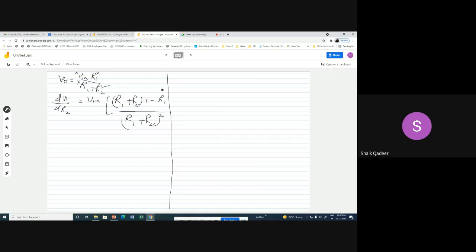Can we get a relation like this, using the u by v rule for differentiation? Now solve this equation.